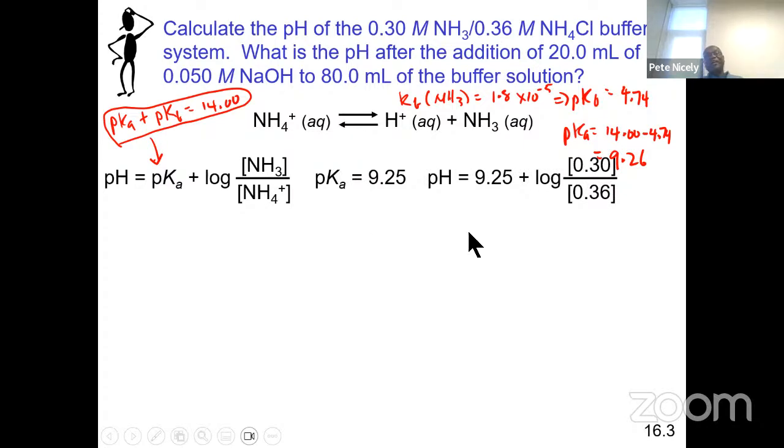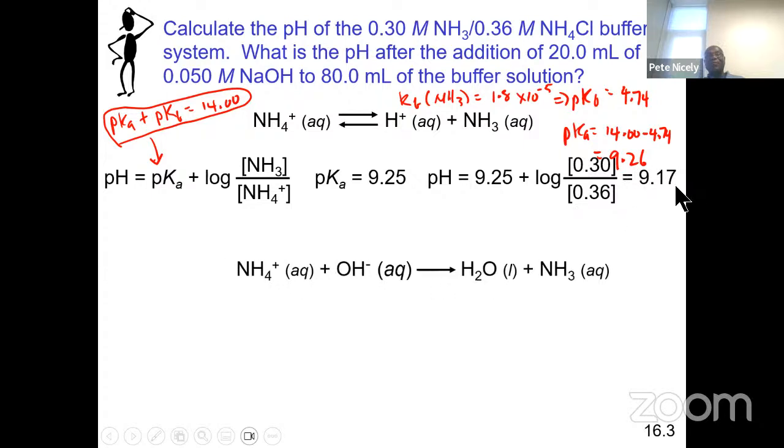And then you do your calculation, and the pH of the solution is going to be equal to 9.17. All right. So that's basically how you calculate the pH of such a solution.